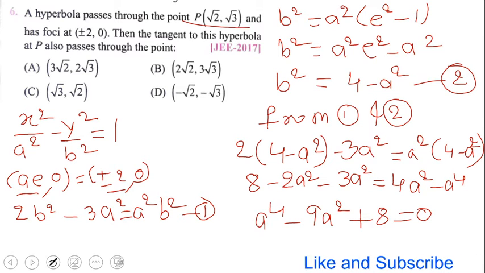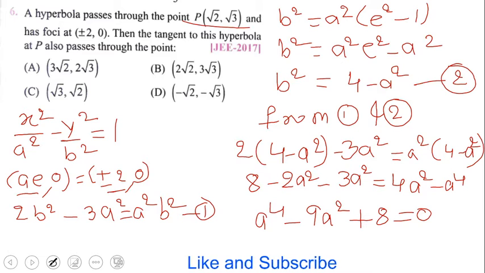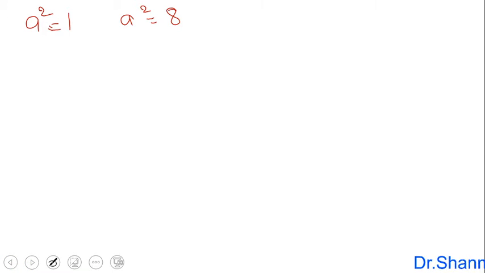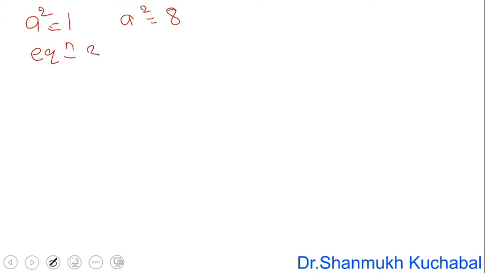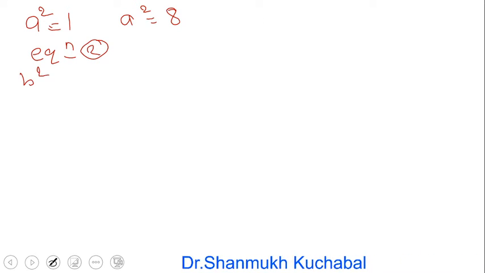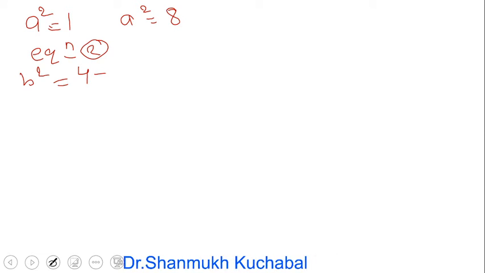Then further, we know the quadratic equation simple trick, everyone you are perfect. So we get a square solution as 1 and a square solution as 8. Further I use equation 2, which is b square equal to 4 minus a square.